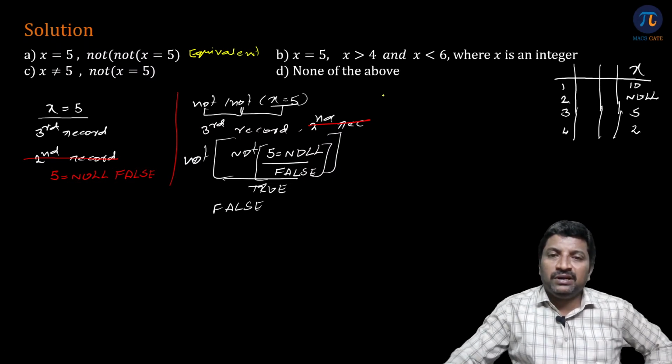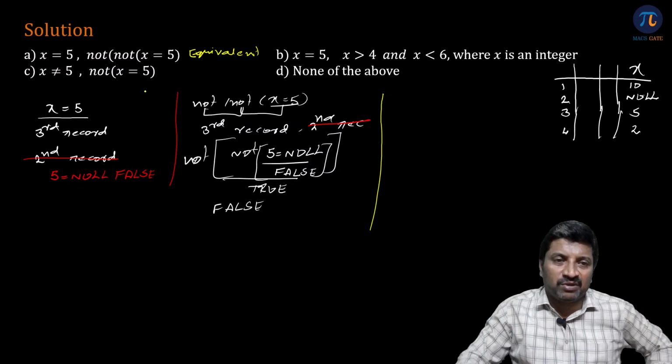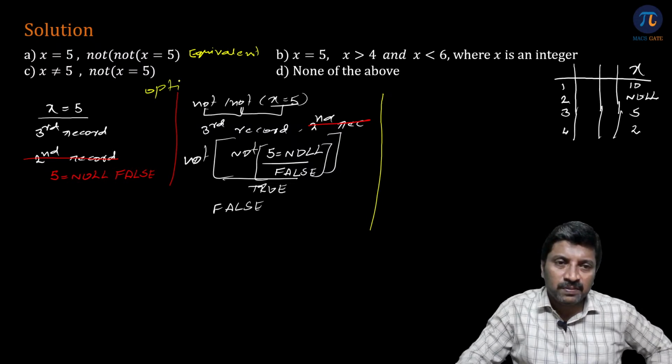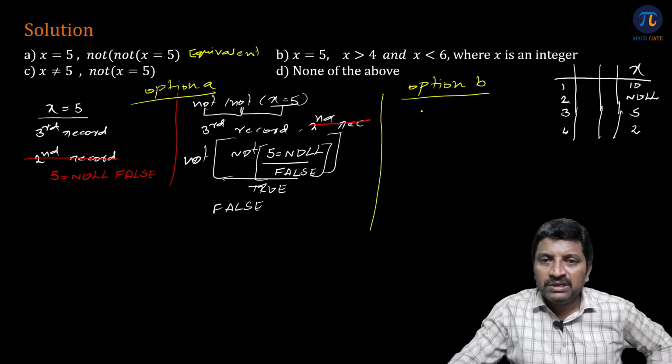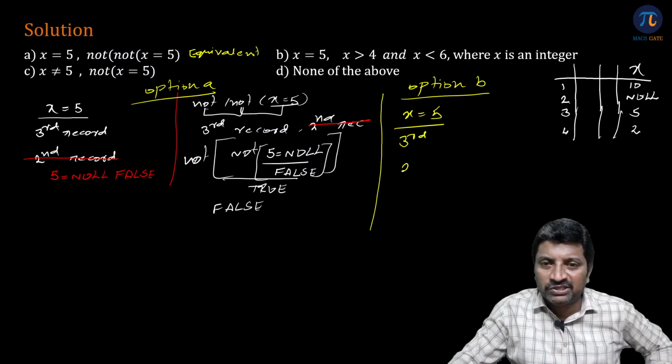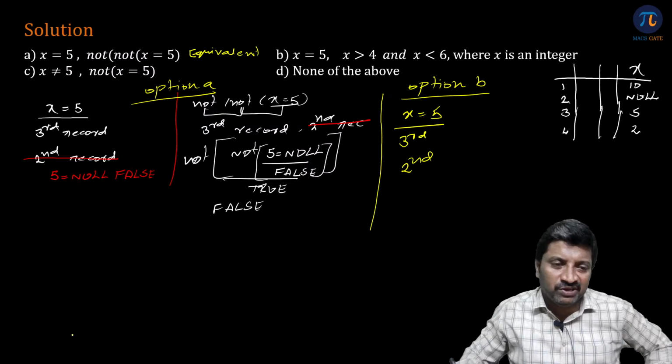Okay. Then let us verify the second option. This is our option A, sir. Let us verify option B. In option B, x equal to 5, the same one. You get the third, you don't get the second. The same explanation we are having, sir.